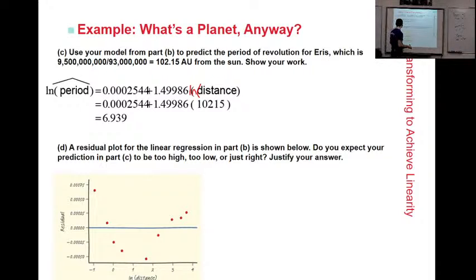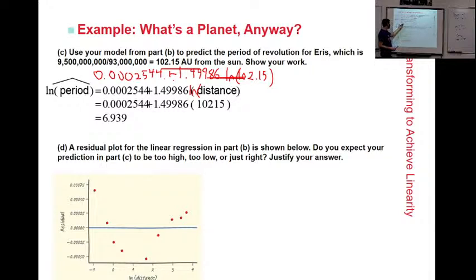To fill in a step, they are doing 0.000254 plus 1.499, let me start that over, times the natural log of 102.15. And so natural log of 102.15 comes out to be about here.